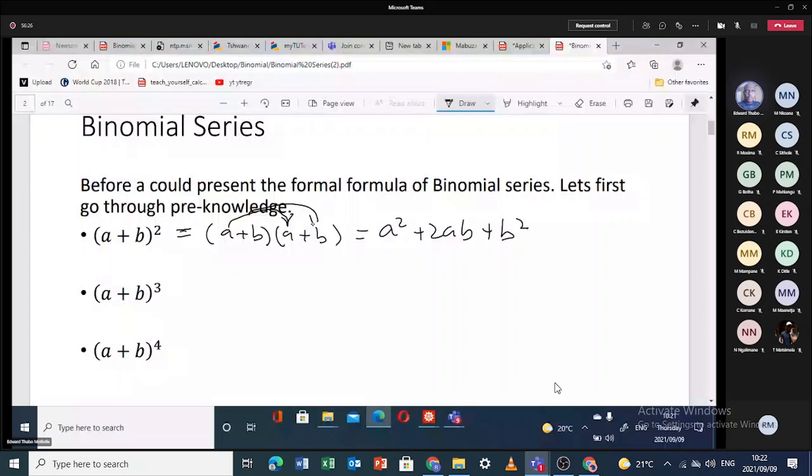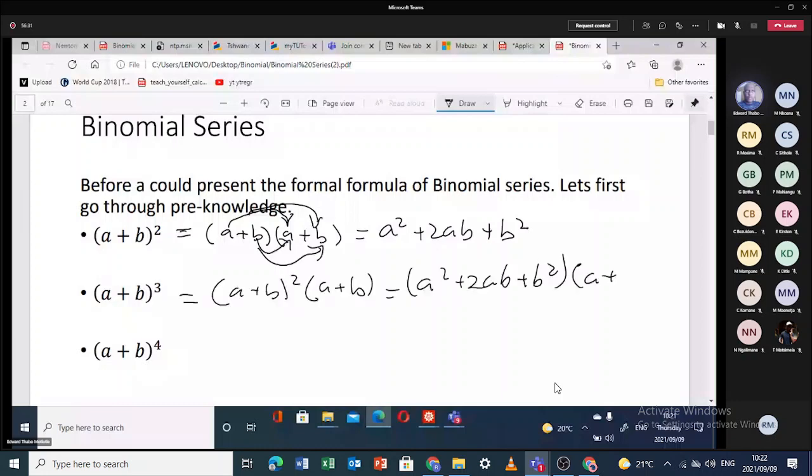So here we end up with A to the power 3 plus, multiplying everything by A, 2A squared B plus AB squared, plus, now multiplying everything by B, A squared B plus 2AB squared plus B cubed.